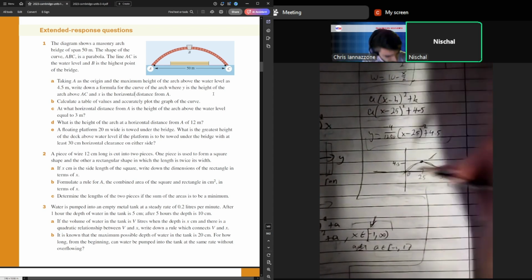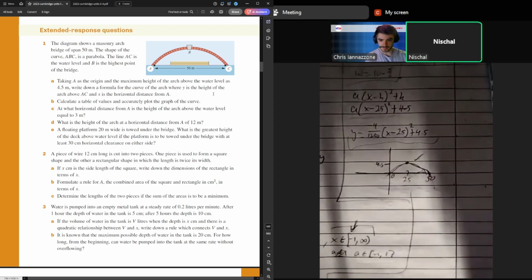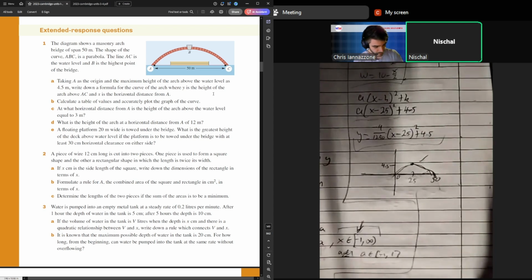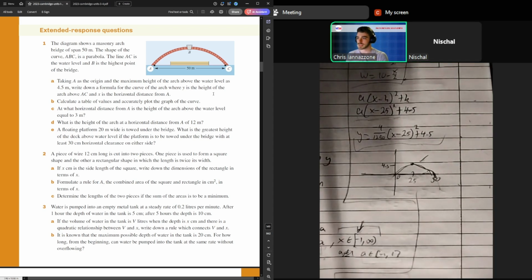In an exam, would you restrict the domain to 0 to 50, or draw the full length? The exam should specify. It would say plot it over a valid domain, and it always does say that. A valid domain would be 0 to 50 for this one here.